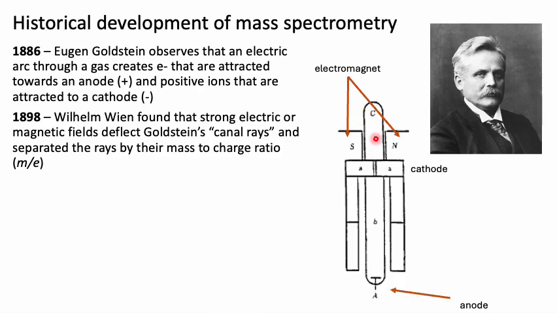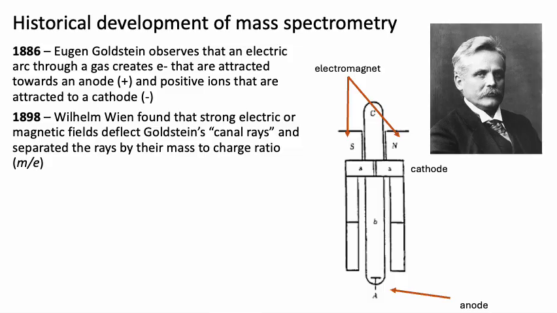And then he has an electromagnet in this second chamber here. And what he found was that when these canal rays pass through this hole into the other chamber and into the electromagnetic field, they were actually deflected. And how much they could deflect depended on their mass to charge ratio.